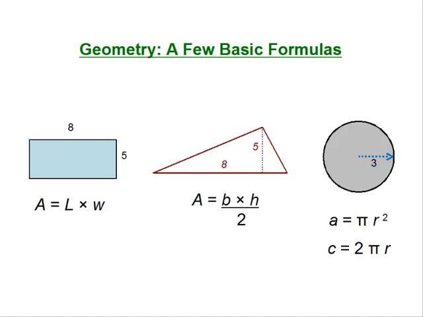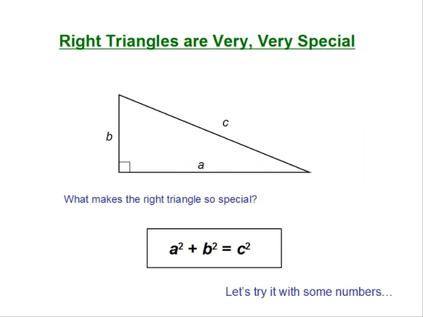But for circumference, that's a measure around the outside. That's a linear measure. It should be in inches or some other linear unit of length, and so you don't want to square the r when using the circumference formula.